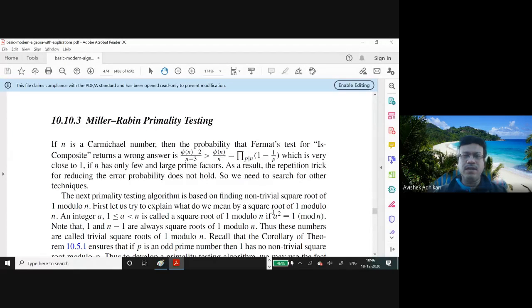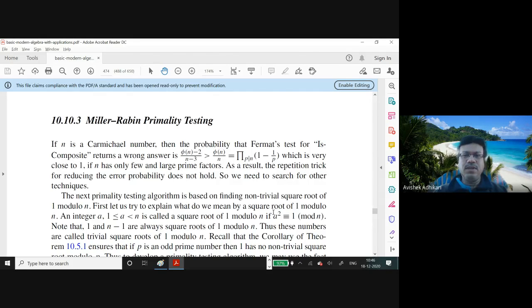I showed you maybe 900 digit long prime numbers, which can be checked very easily by using that kind of algorithm. Primality testing is very important because in today's scenario, due to cyber security, prime numbers play an important role. That's why we need bigger primes. So today, according to our syllabus of Presidency University Kolkata, we also have the Miller-Rabin primality testing algorithm.